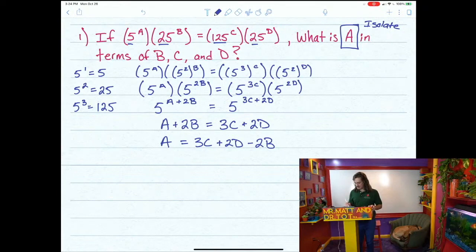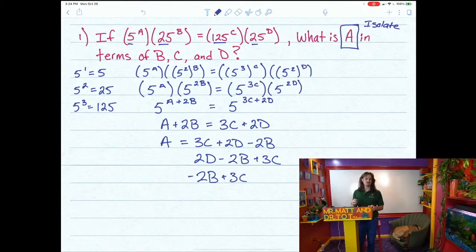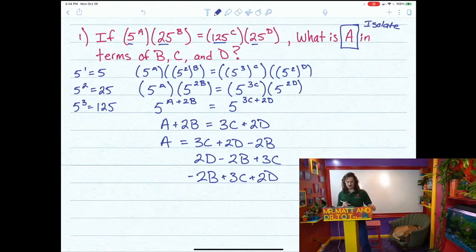It could have been 2d minus 2b plus 3c, or negative 2b plus 3c plus 2d. Any of those orderings would be acceptable. And they could present them in any of those ways too. You have to be able to recognize that all three of those versions are equivalent statements.